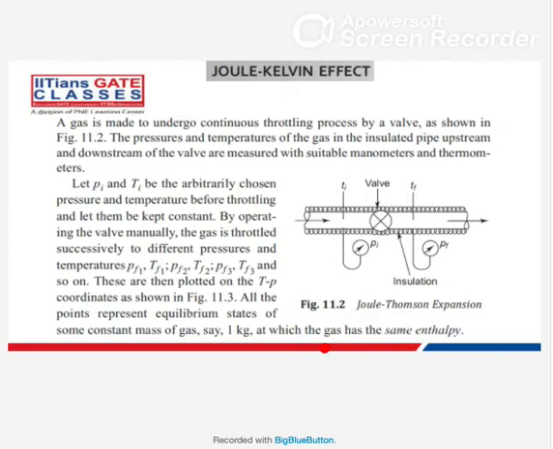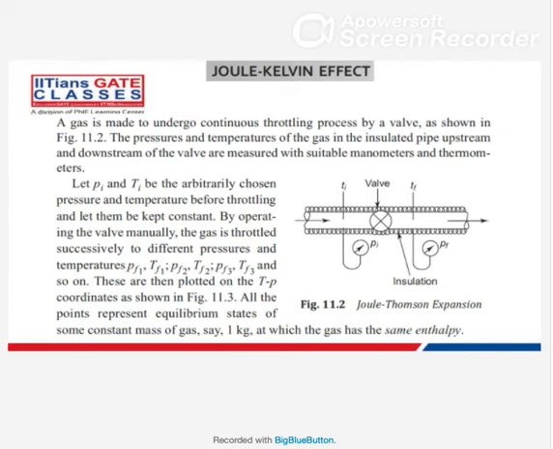So if expansion is happening, or if you are undergoing a throttling process, yes, throttle valve only, we are going to see the Joule-Kelvin effect. If you are expanding, you might have seen that the temperature may drop.